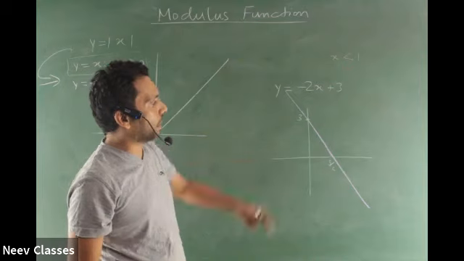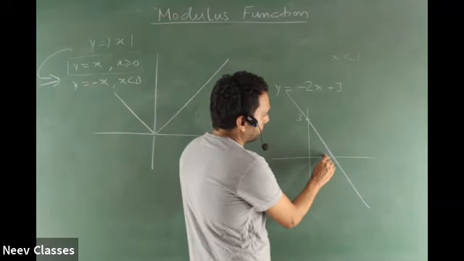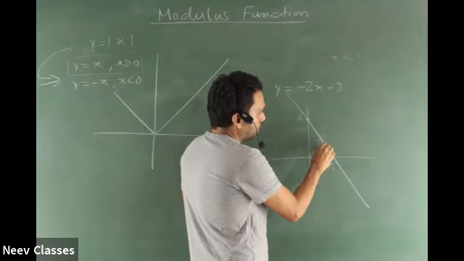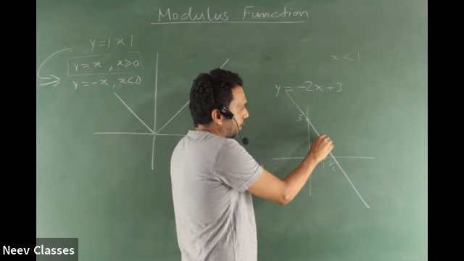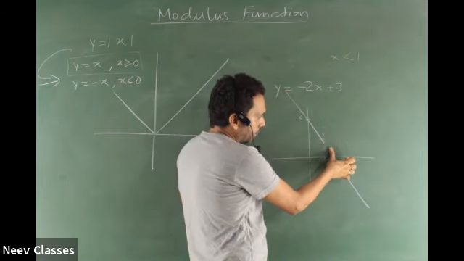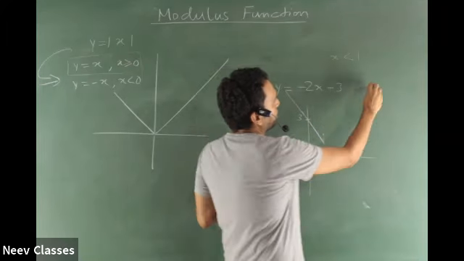So till where is the graph valid? It's valid for all points less than 1. So somewhere here is your 1. I'll just draw a dotted vertical line. So this purple graph will come till here and then I have to rub it away. So it is this graph, but valid only for x less than 1.